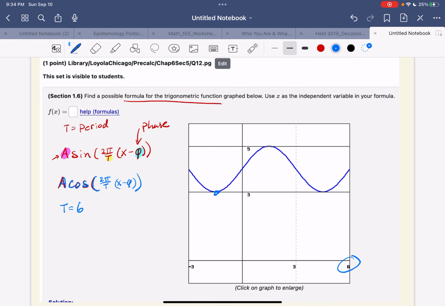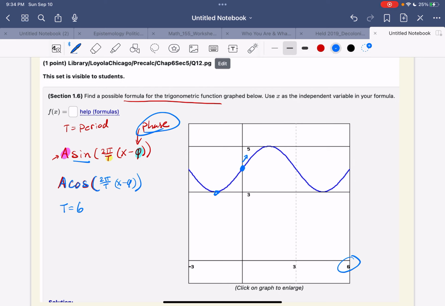Okay, now the phase, if I'm using sine, then I find the middle going uphill, and I ask myself, is that middle going uphill on the y-axis? In other words, does it occur at x equals 0? And yes, it does.